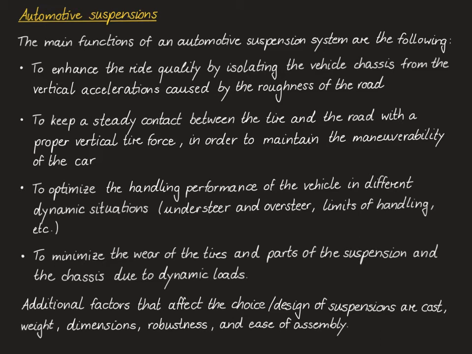In the rest of this video, we'll look at different design choices for automotive suspension systems. The question of how these different design choices will then affect the handling performance of the vehicle in different dynamic situations will then be the subject of the subsequent videos.